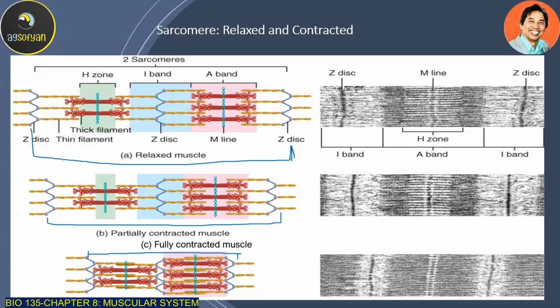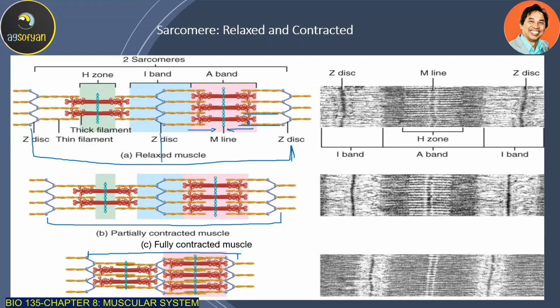So basically, when the muscle contracts, the sarcomere becomes shorter. What happens is actually the head of the myosin will pull this actin to the middle. So going to the middle over here.